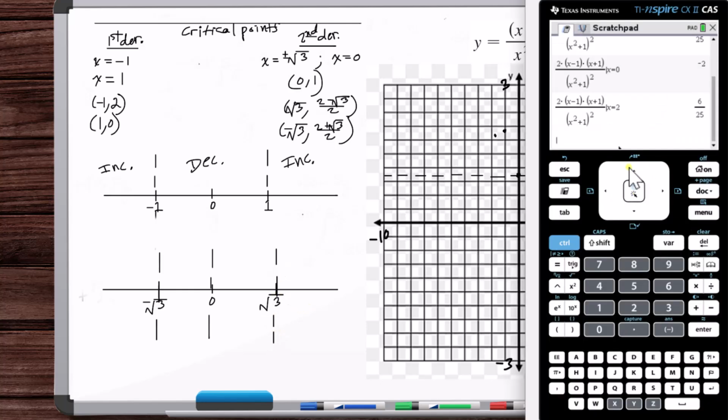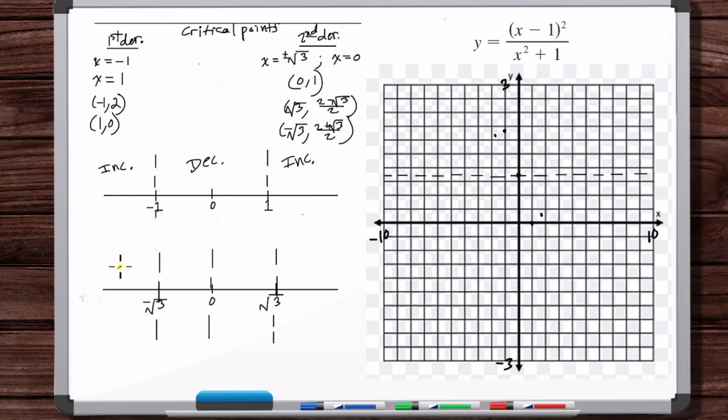So let's take the second derivative. Now evaluate this with x equal to something less than minus root 3, so minus 2.